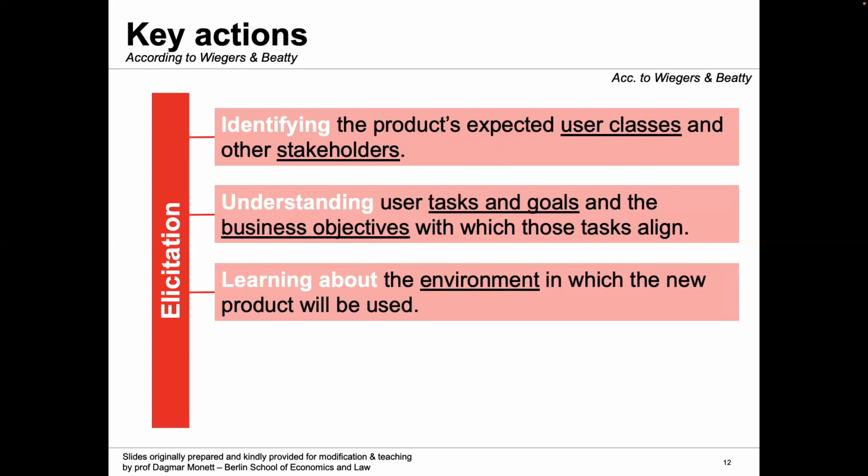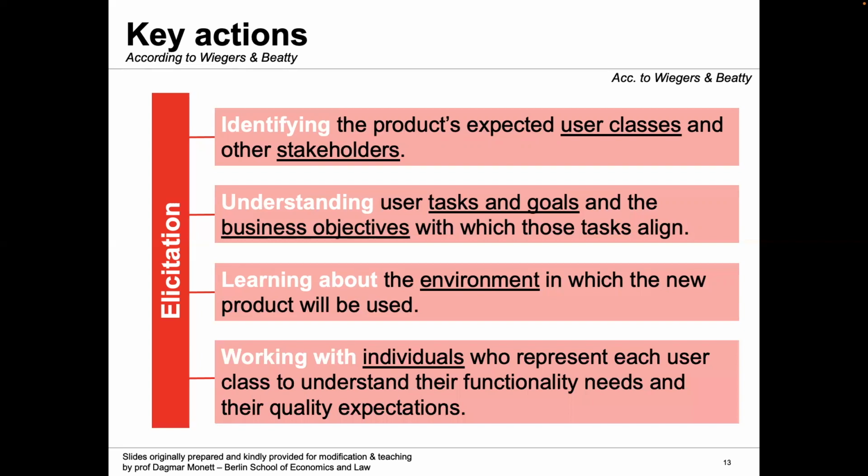So all this needs to be clear and needs to be a key action of your elicitation. It's not that you just talk about the stakeholders involved and what their goals are, but also the particular environment in which your app is going to be used.